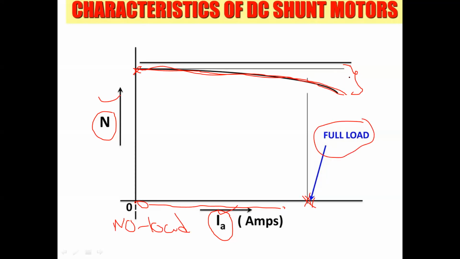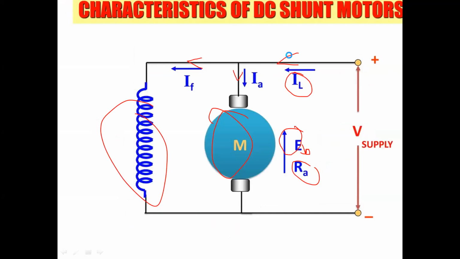That means some speed drop occurs. This is the speed drop. This change is due to armature resistance drop, and this curve is explained with an equation.